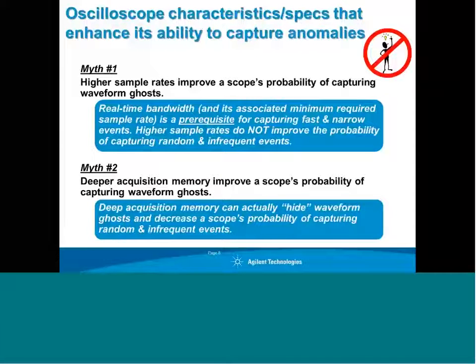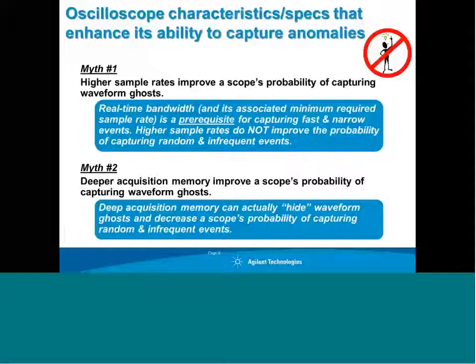And real-time bandwidth and its associated sample rate is a prerequisite for capturing fast and narrow events. It's a prerequisite for capturing signals of any frequency content, but sampling faster will not improve the probability of capturing something. But we'll go into what is the minimum required bandwidth for capturing normal repetitive signals or infrequent things.